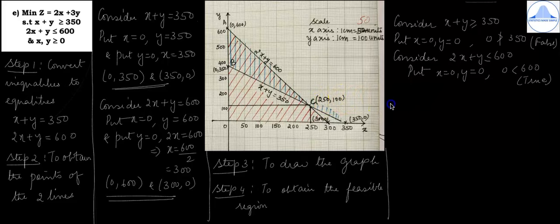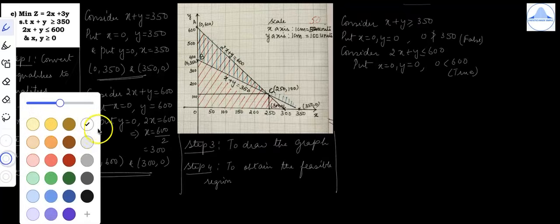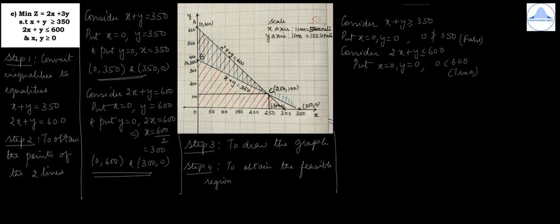So step 5 is you have to write the corner points of the common feasible region. So now let us write the corner points.